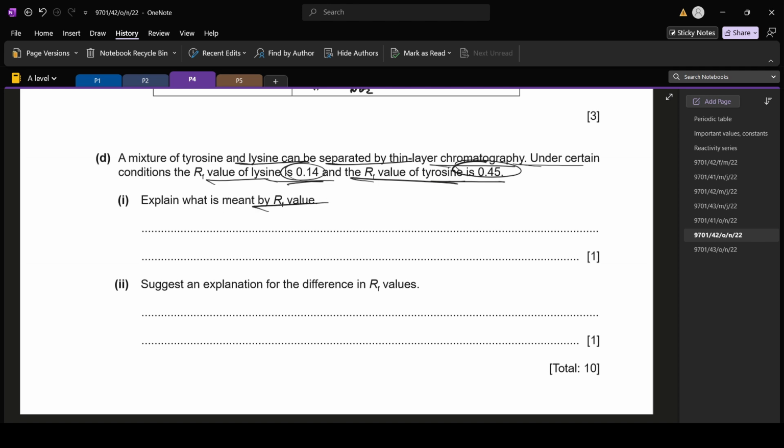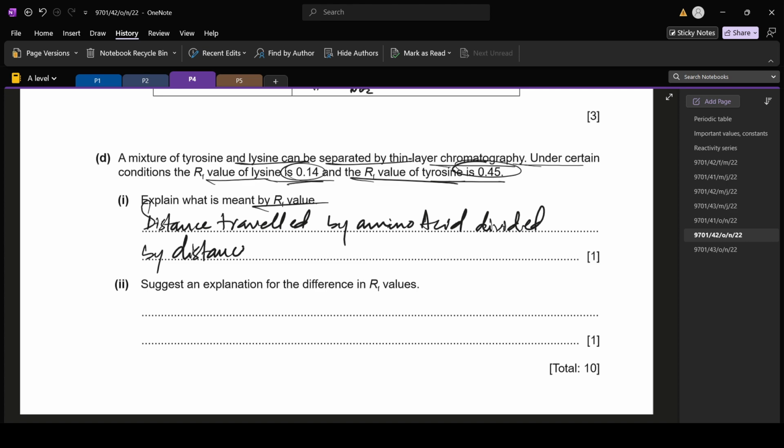So it is actually the distance traveled by amino acid divided by distance traveled by solvent.